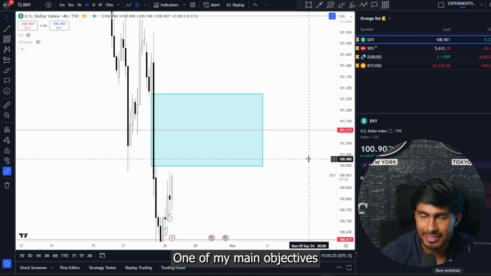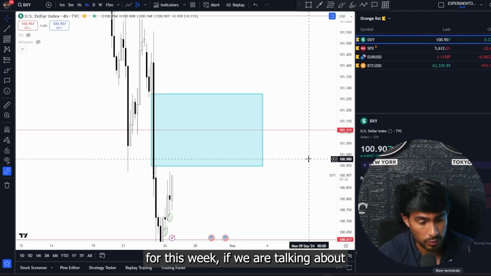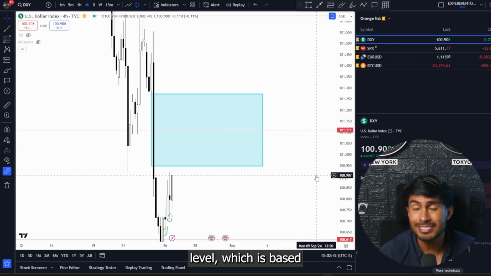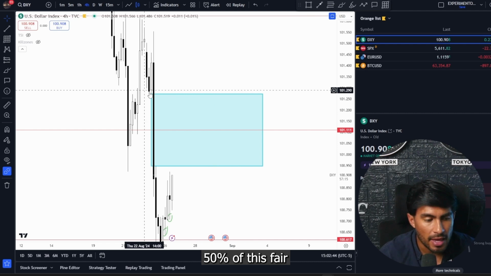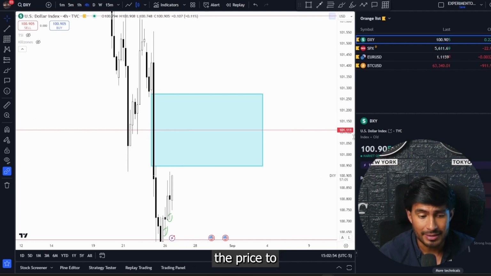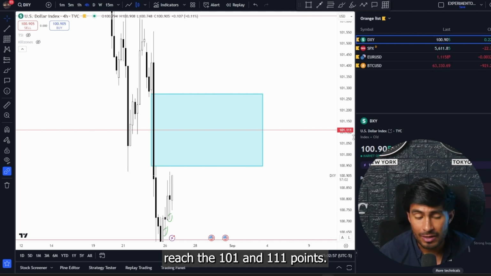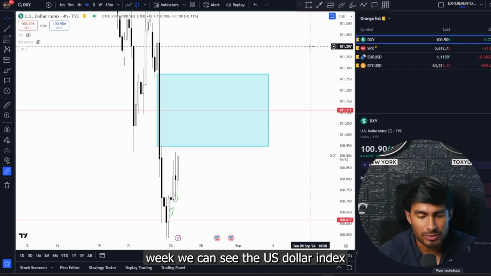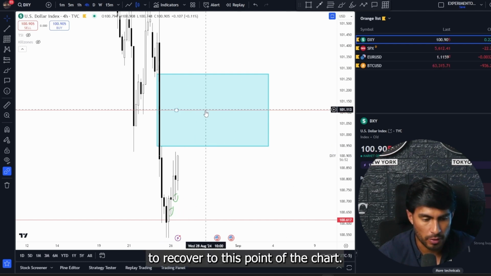One of my main objectives for this week, if we're talking about an upward structure, is to try to reach this level, which is based on the 50% of this fair value gap. So I will look for the price to reach the 101.111 points. So throughout this week, we can see the US dollar index recover to this point of the chart.